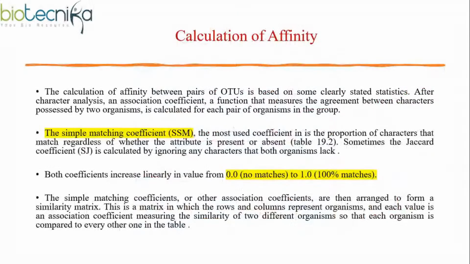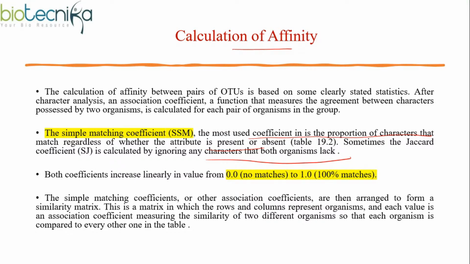Now, what is simple matching coefficient? So I'll just explain you. The simple matching coefficient is the most used coefficient in proportion of characters that match regardless of whether the attribute is present or absent. Sometimes the Jaccard coefficient is calculated by ignoring any characters that both organisms lack.